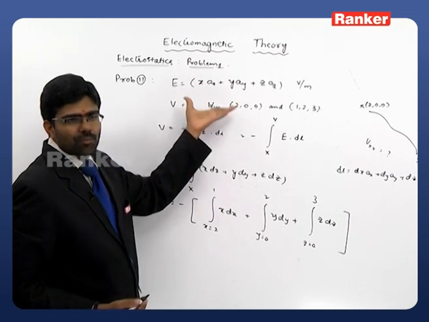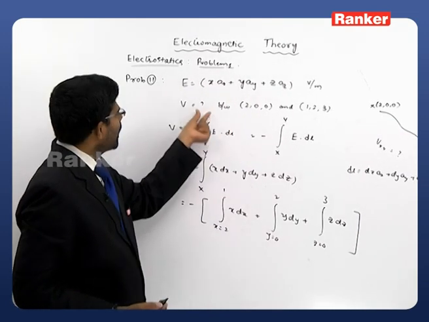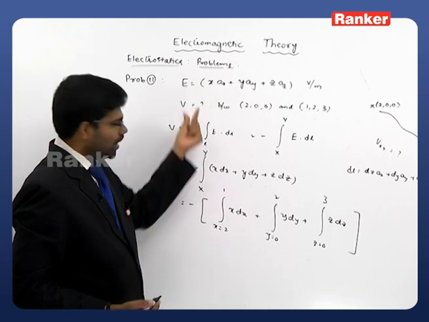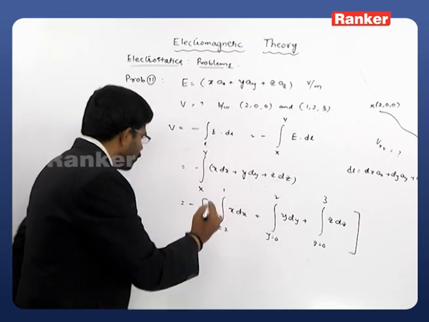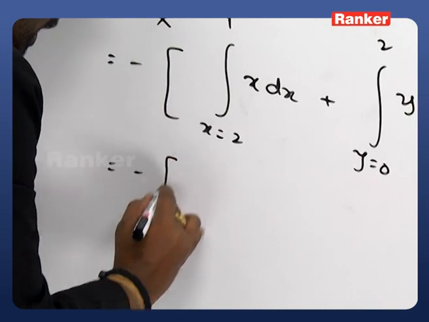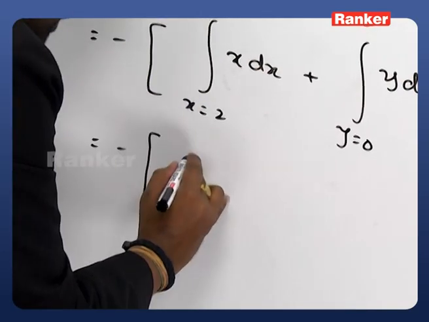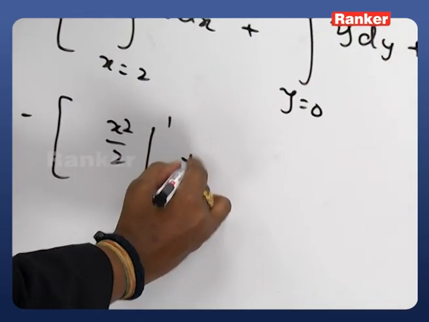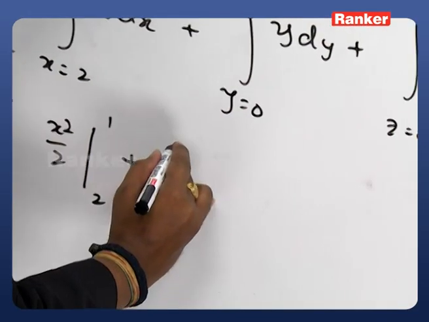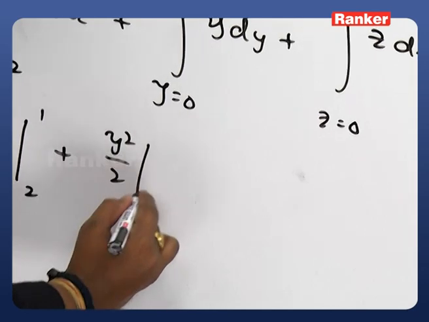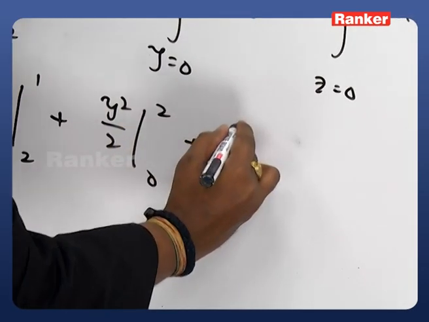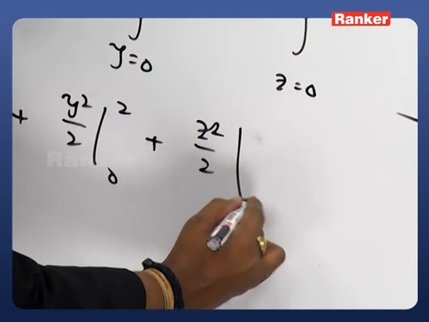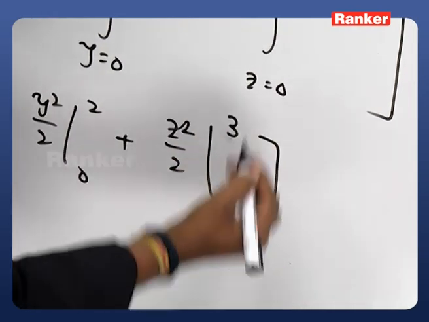So what we are taking from point x to point y can be calculated using its electric field intensity with this simple integration. V equals minus the integration of x square by 2 with limits from 2 to 1, plus y square by 2 from 0 to 2, plus z square by 2 from 0 to 3.